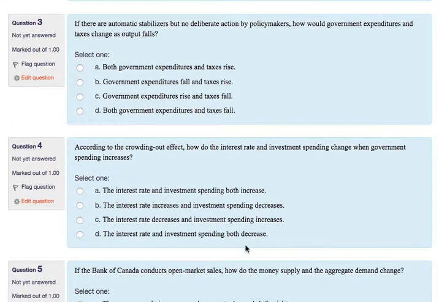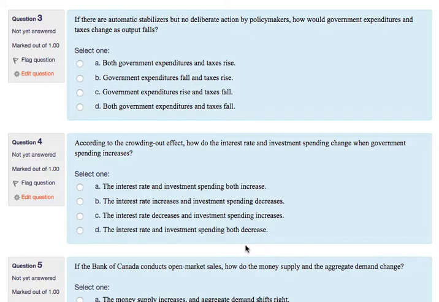If there are automatic stabilizers but no deliberate action by policymakers, how would government expenditures and taxes change as output falls? Well, automatic stabilizers are things that will help the economy when we're going through a recession.